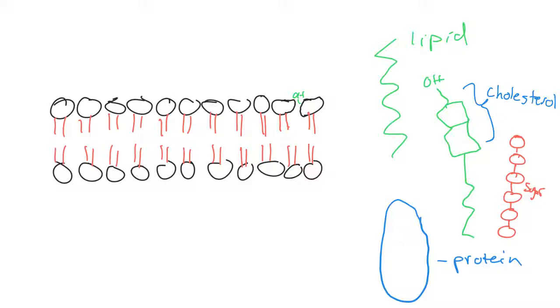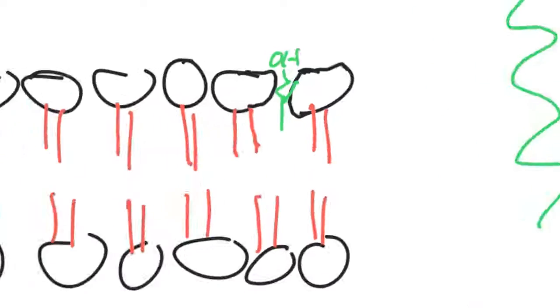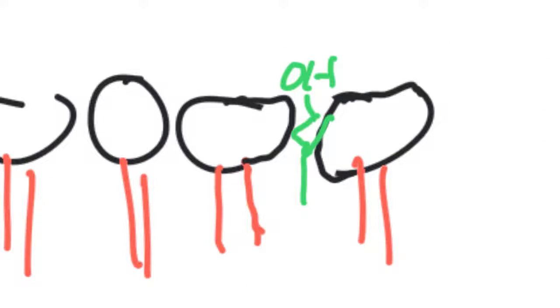And it's not going to be that big. I'll draw it smaller, something like that. So it's not doing a lot, but if you get enough cholesterol in there, it just breaks it apart, pushes it a little further apart to allow more substances in there.